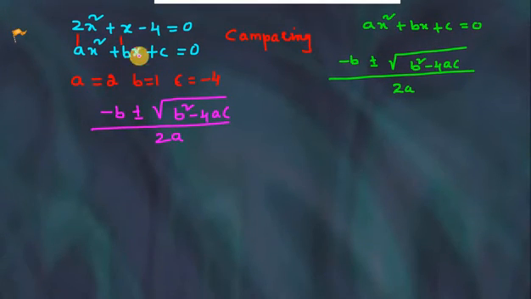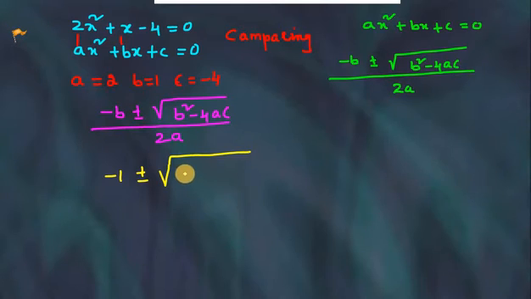Now I am substituting. So what will we get? Minus b, so that is minus 1, plus or minus square root of b square.